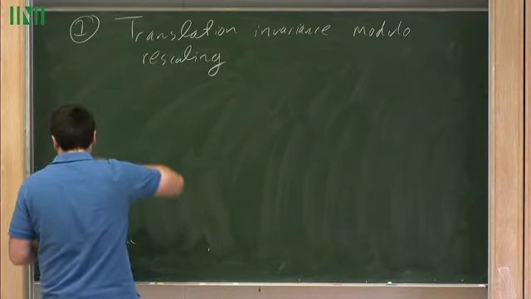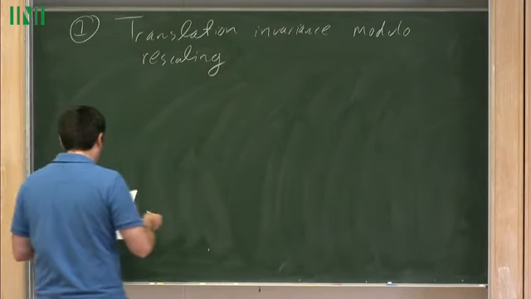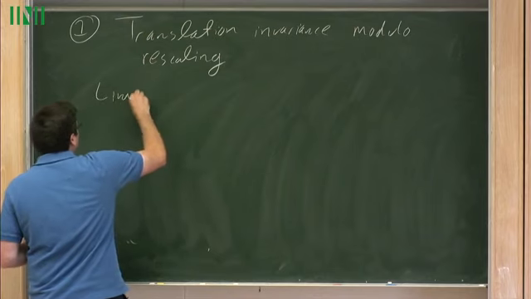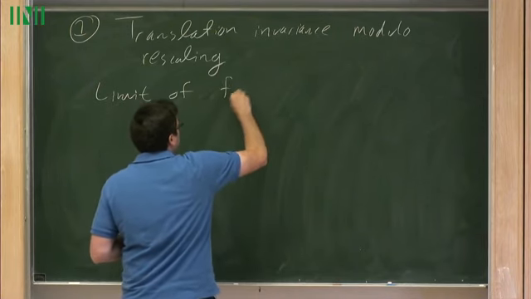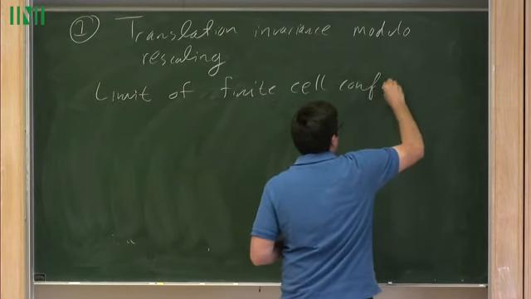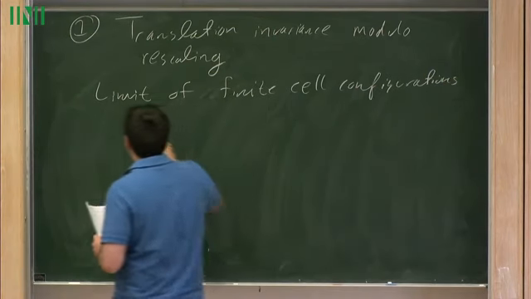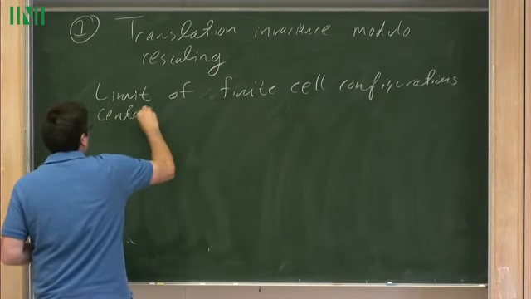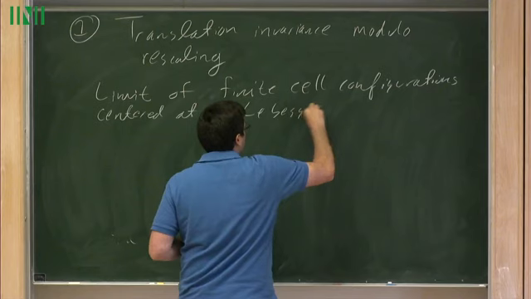One very convenient way is that you can say that something is translation invariant modulo rescaling if it arises as a limit of finite cell configurations which are centered at a Lebesgue typical point.